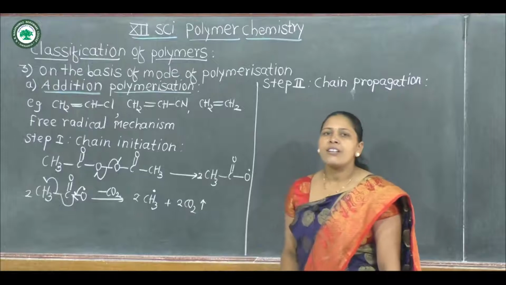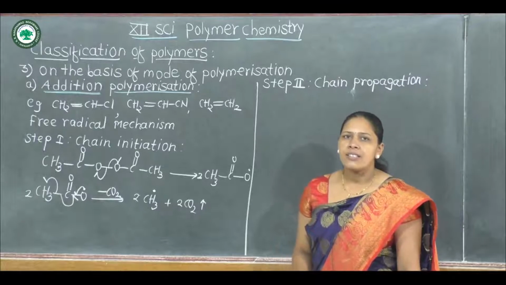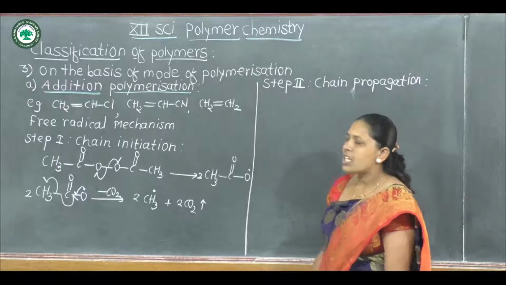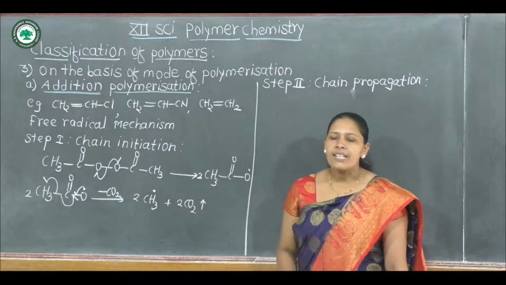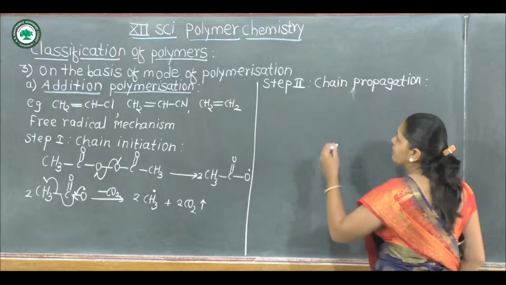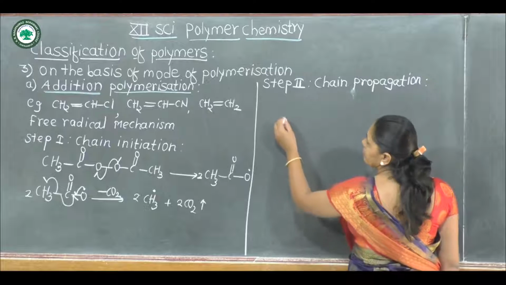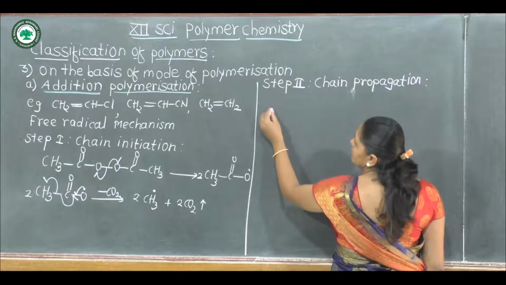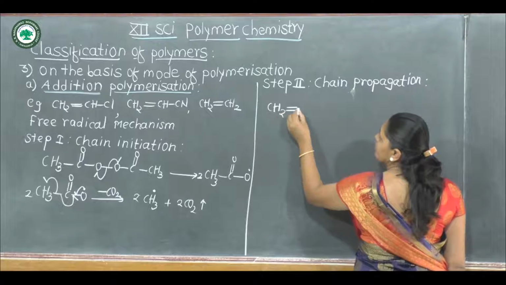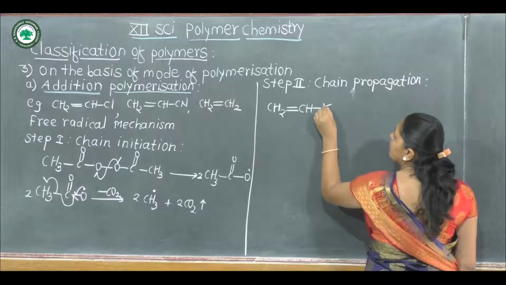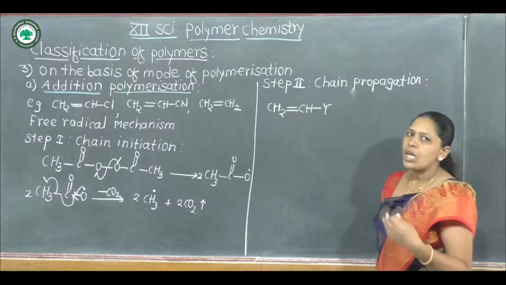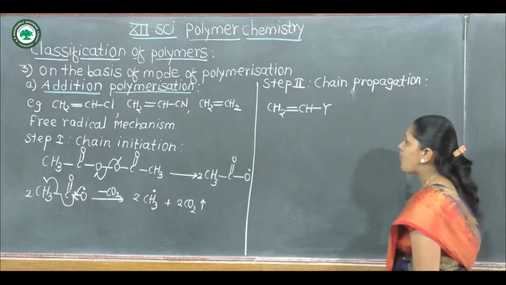This methyl free radical is considered as an alkyl free radical R which reacts with the general vinyl chloride or vinyl cyanide, which contains a double bond.